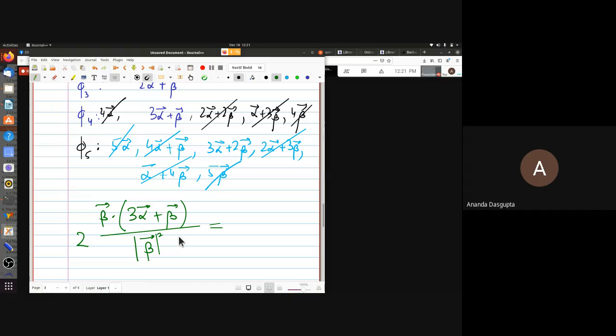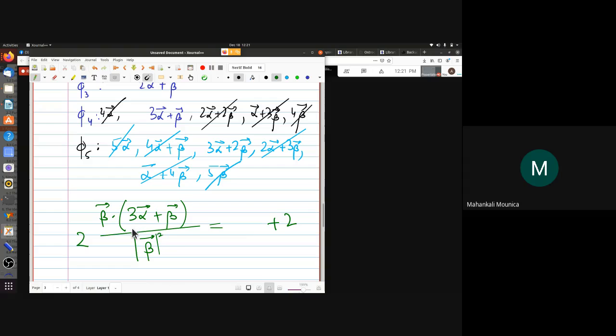Anybody tell me quickly how much this is going to be? That's sort of trivial. The next second term of V3 plus 2. What do you have in front of that? Come on.